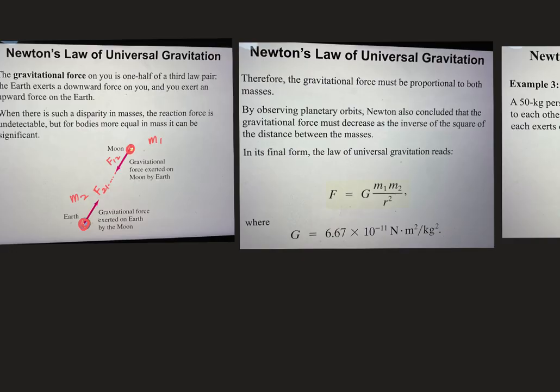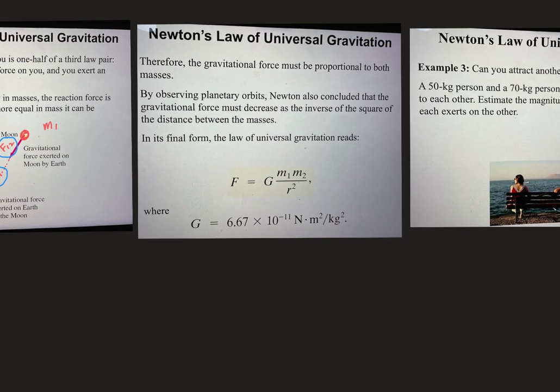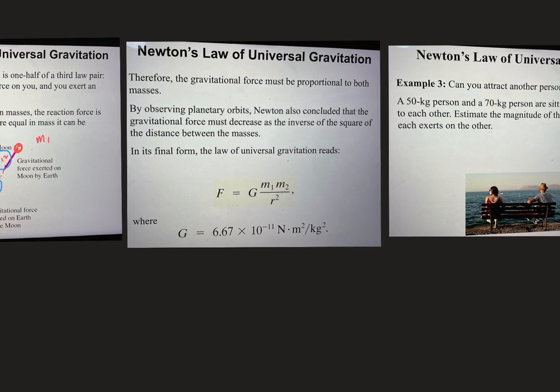This is nothing to worry about, just a way of naming them. I'm not going to go into details, just wanted to show you that these forces exist. And Newton's law of universal gravitation is given by this equation.